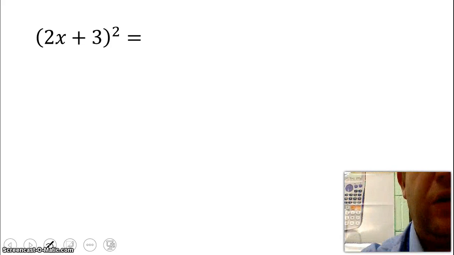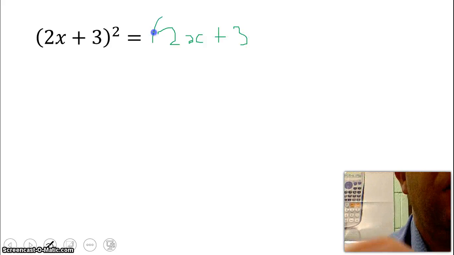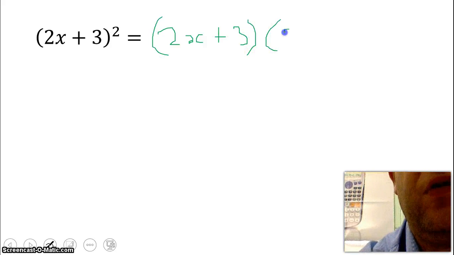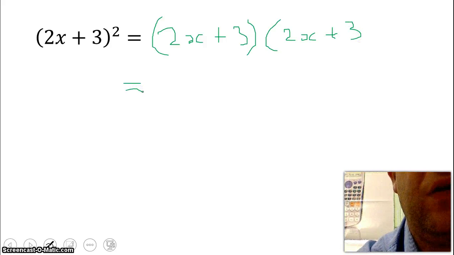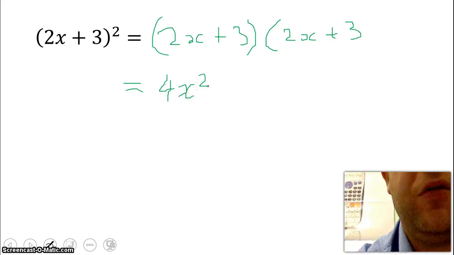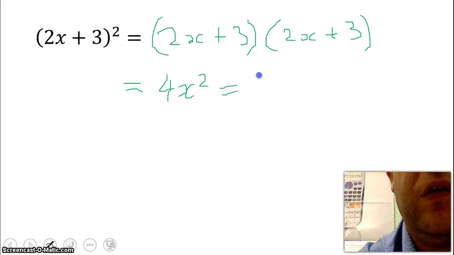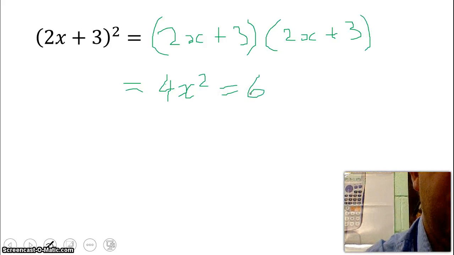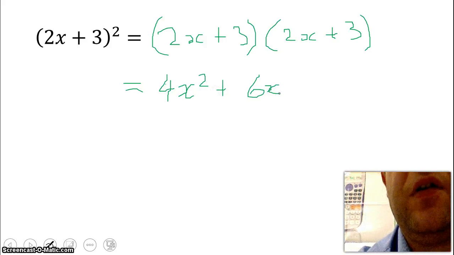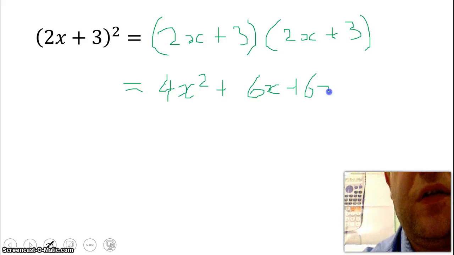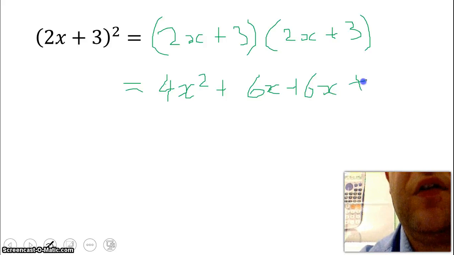We've got a 2 in there, so we're going to do exactly the same process. (2x plus 3) times (2x plus 3). 2x times 2x gives us 4x squared. 2x times 3 gives us 6x. 3 times 2x gives us another 6x, and 3 times 3 gives us 9.